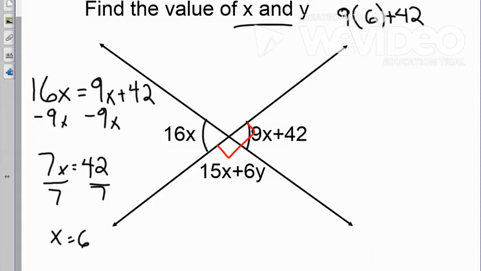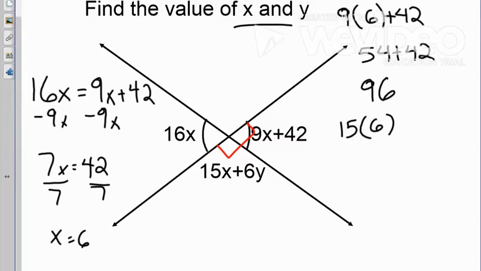Okay, so 9 times 6 is 54 plus 42, and we add those up, we should get 96. And then we can add that with 15 times 6 plus 6y. So 15 times 6 is going to be 90. So 90 plus 6y.